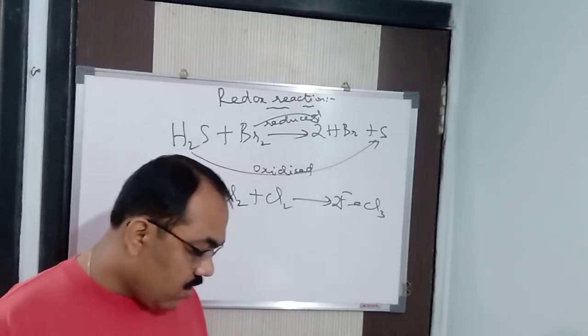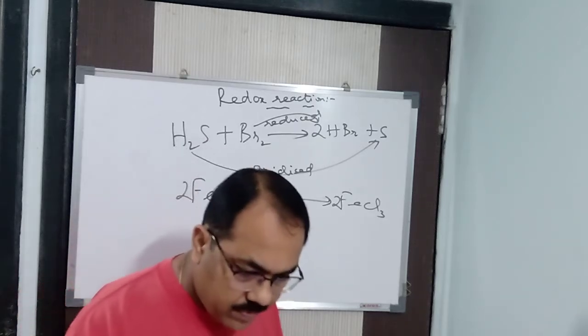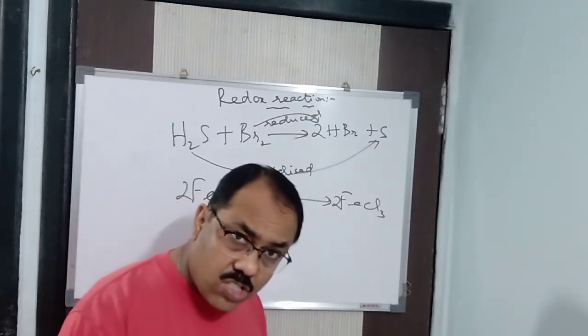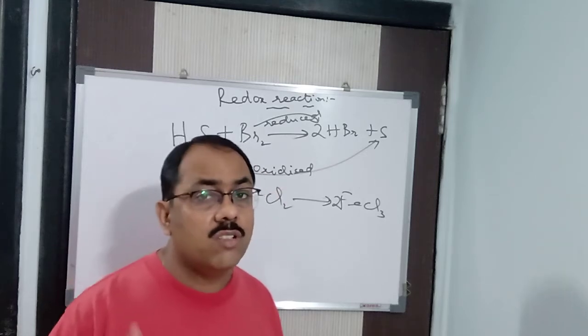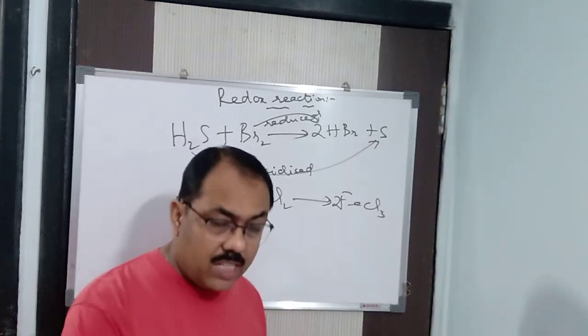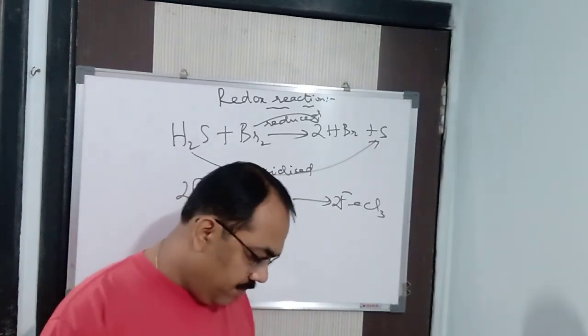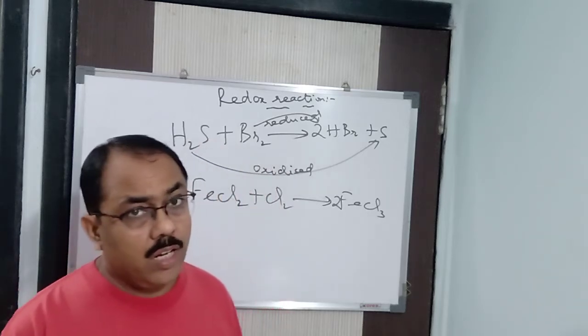So oxidation is a process in which one or more electrons are lost. Reduction is a process in which one or more electrons are gained. Opposite. For that reason I said, one you learn it, other you remember it. Oxidant is a substance which can accept one or more electrons.